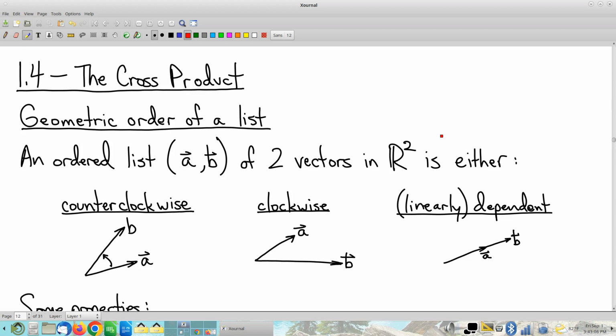So two things I want to say about cross products. First of all, there's lots of facts that we need to learn about how cross products and determinants and what I'm going to call geometric notions of order relate to each other in weird and surprising and shockingly powerful ways.